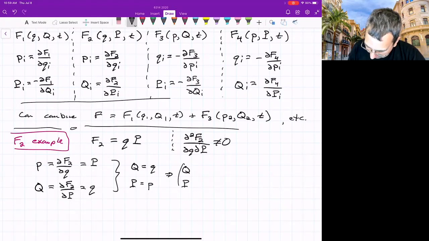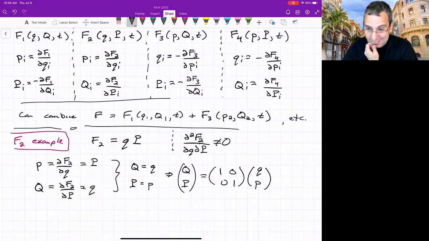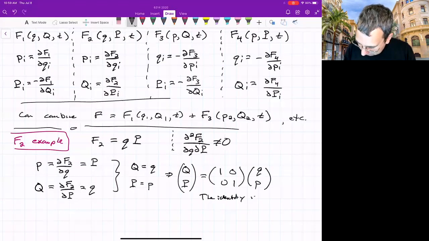If we're really fancy, we write it as a matrix to really convince ourselves. It's just the identity. You would hope that the identity is a canonical transformation. And yes, indeed it is a canonical transformation.